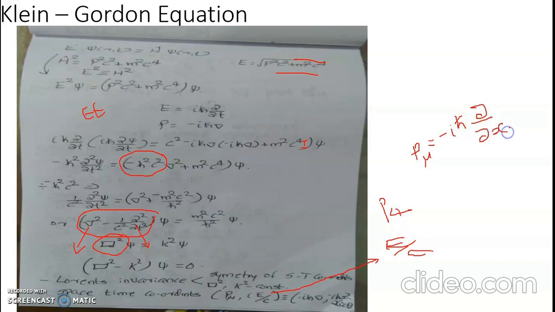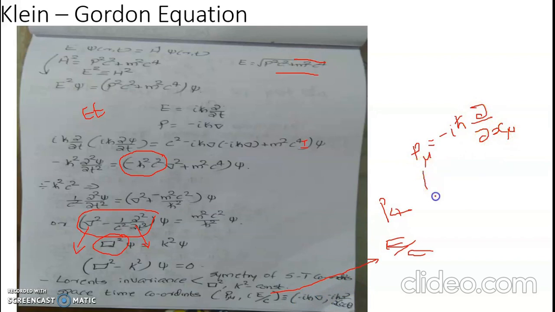When mu is 1, x_mu is x itself. When mu is 2, x_mu is y. And when mu is 3, x_mu is z. This has the representation minus iħ grad, with grad having 3 components, ∂/∂x_mu, with mu varying from 1 to 3.